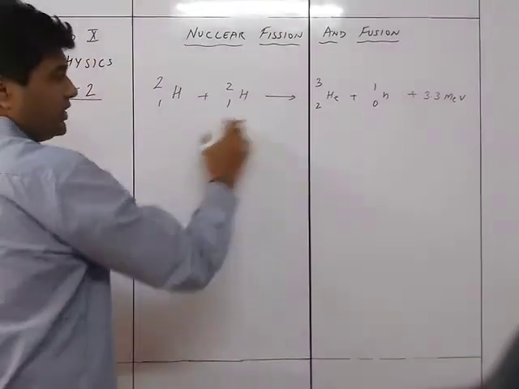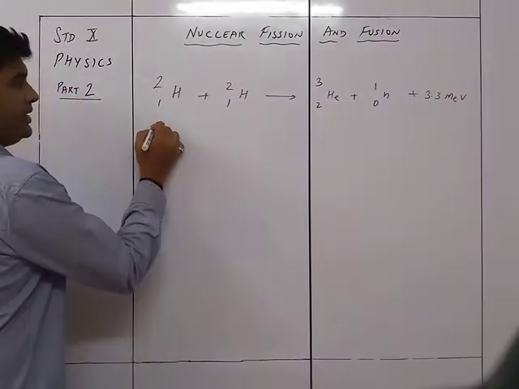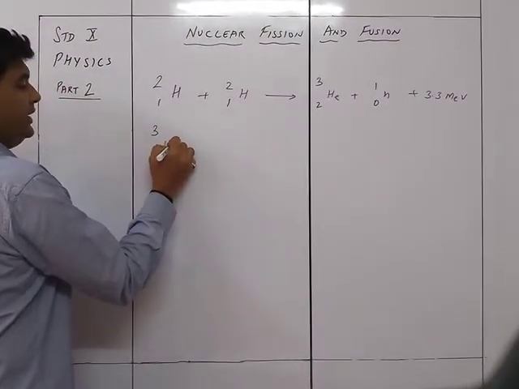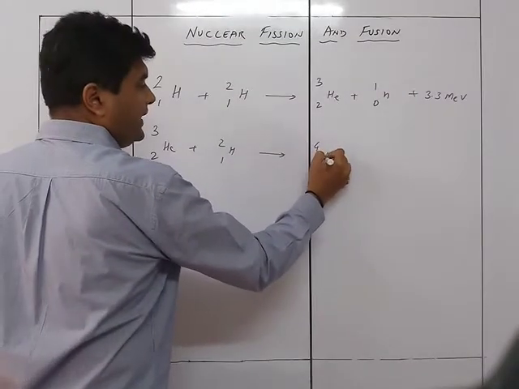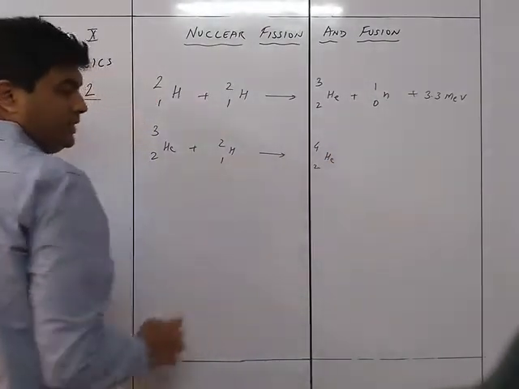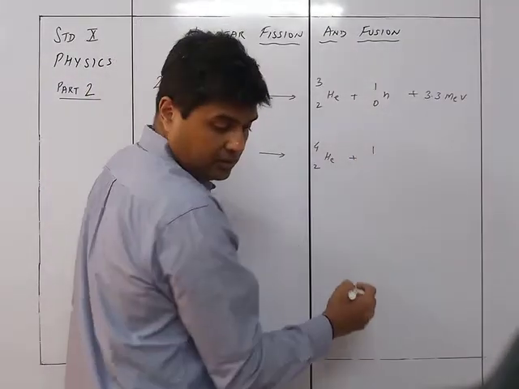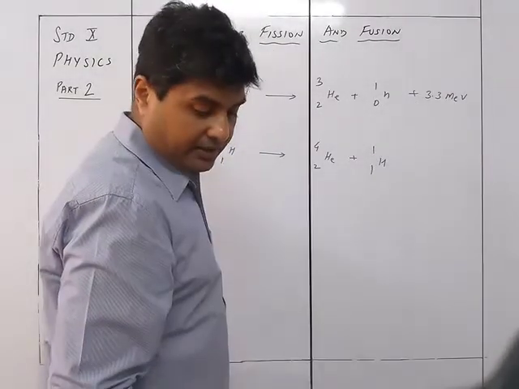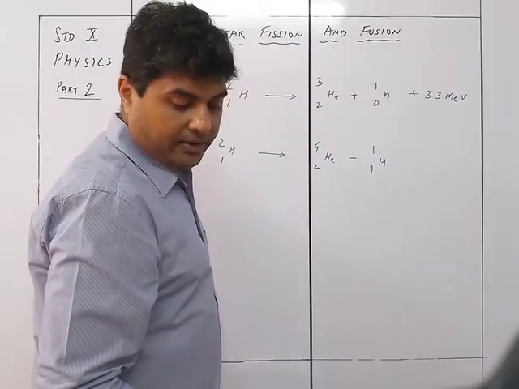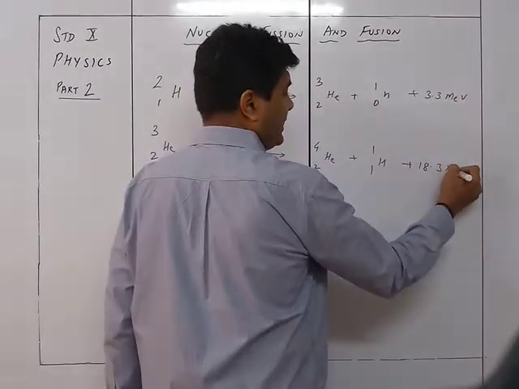Now this, when further fused with deuterium, so 3He2 plus 2H1, forms 4He2, that is pure helium, plus one hydrogen atom, that is a proton, and it gives 18.3 mega electron volt.